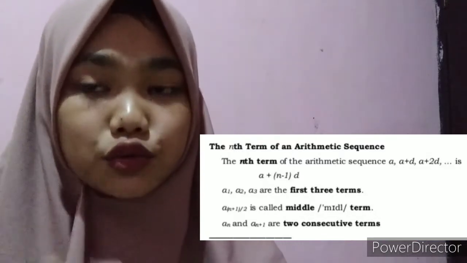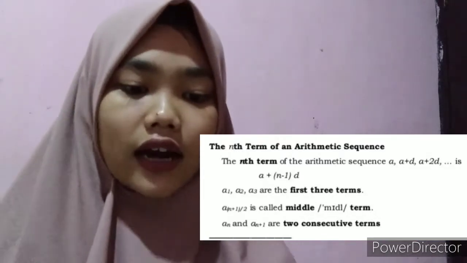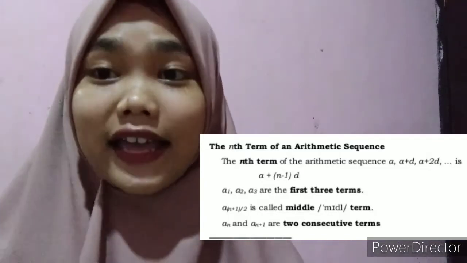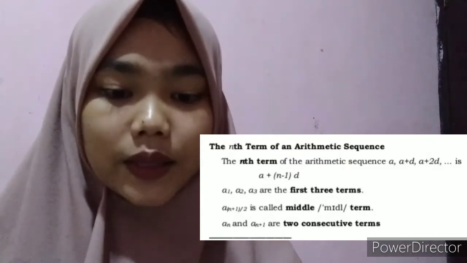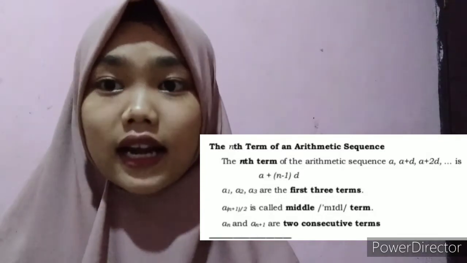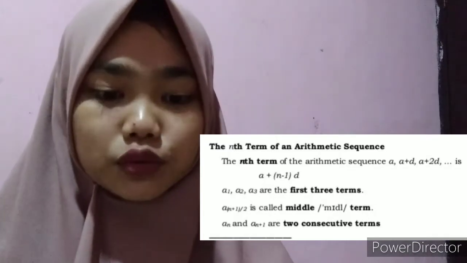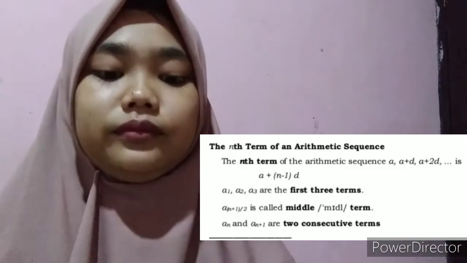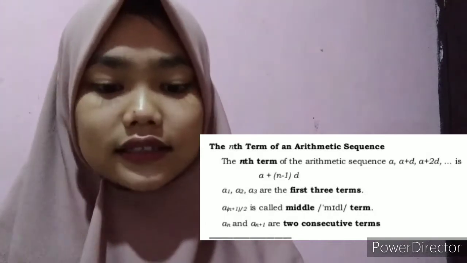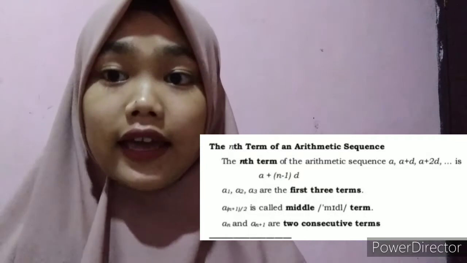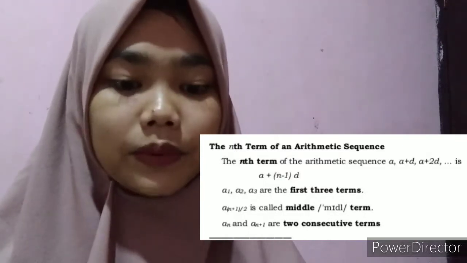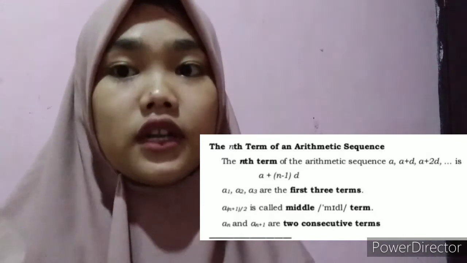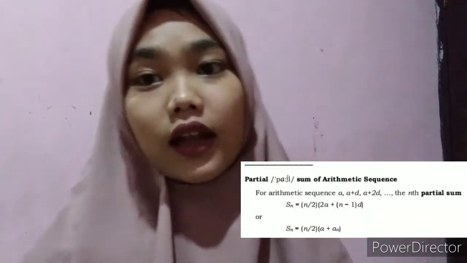A1, A2, A3 are the first three terms. A(n plus 1) divided by 2 is called the middle term. An and a(n plus 1) are two consecutive terms. Okay.